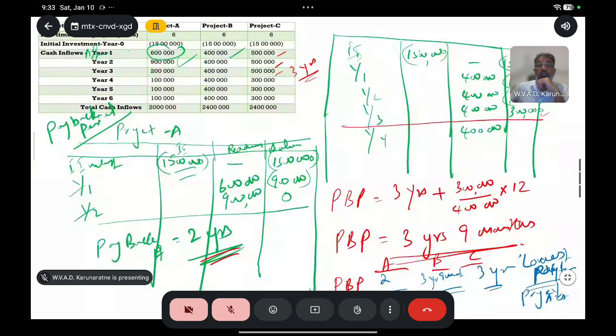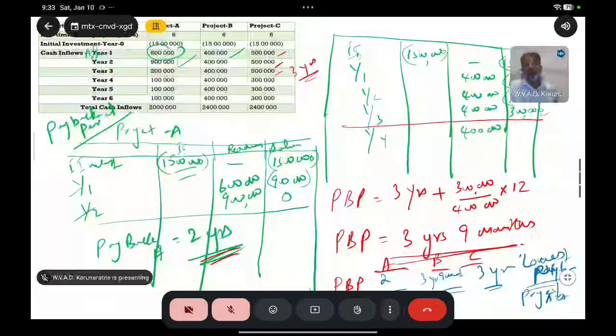So you know the weakness of the payback period method. It considers only up to the payback period, so after that there is no consideration of the cash flows over the payback period.